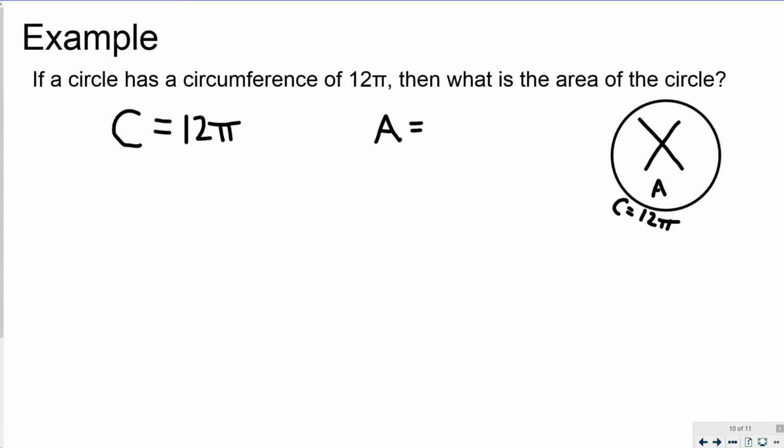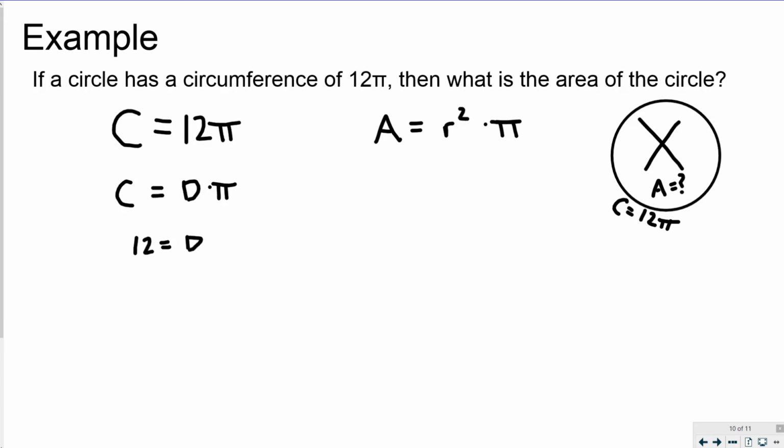The area equals what? So in order to calculate the area, I remember that I'm using the equation r squared times pi. But the circumference is all that I'm given. I'm going to remember that the formula for circumference is equal to the diameter times pi. So if that's the case, I could say that 12 pi equals the diameter.